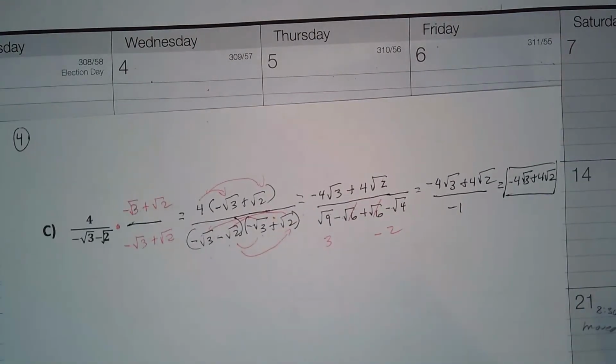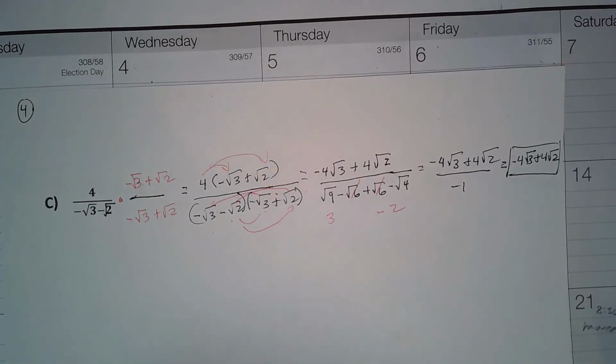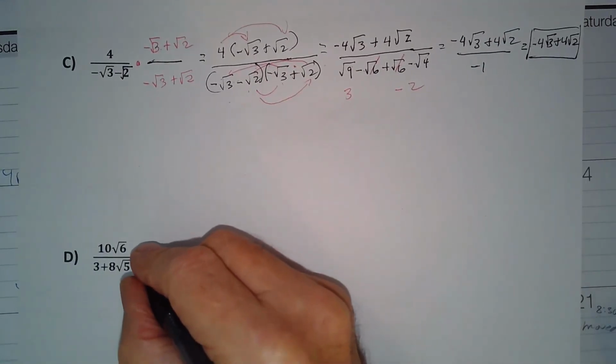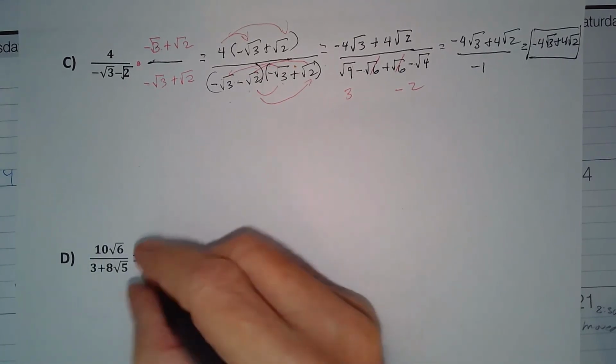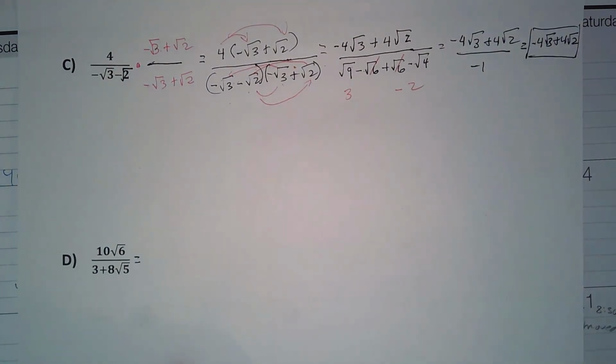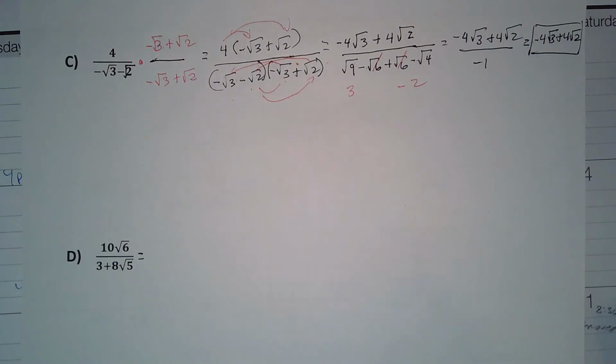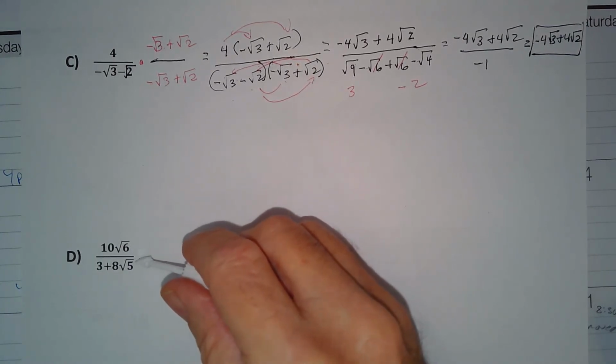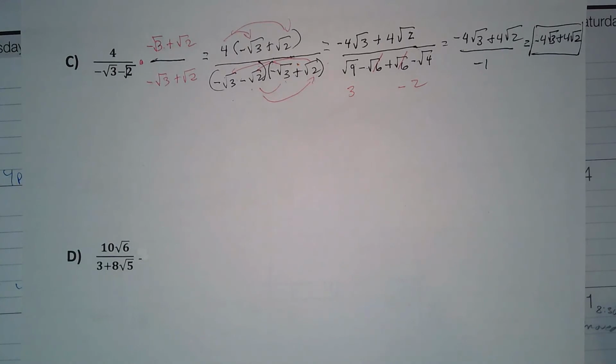All right, so then the last one we have is down here in D. Let's move this up. So D, the conjugate, let's be careful, let's not put an equal sign in here. We'll turn this into sort of a zero.